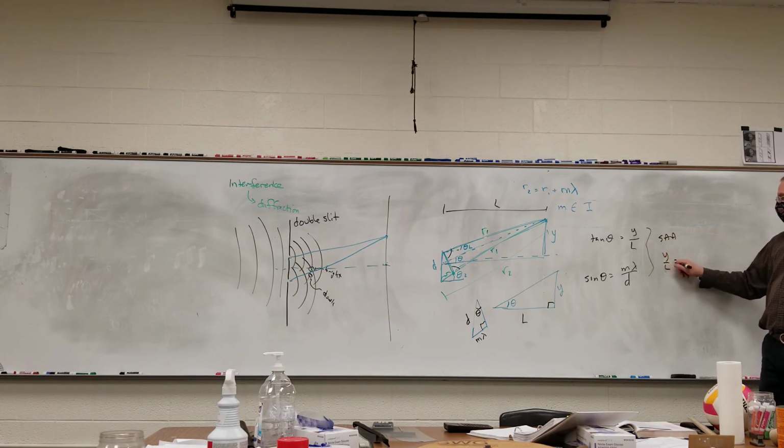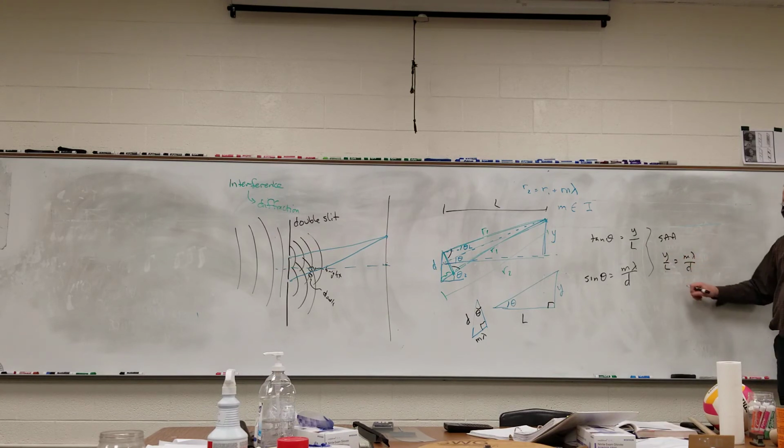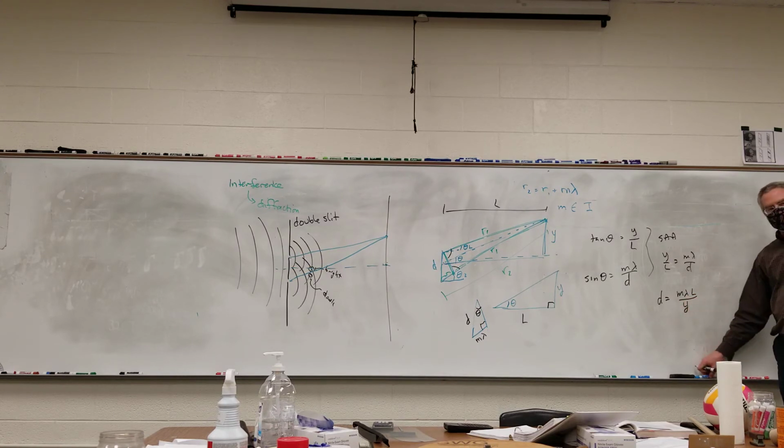Y over L is equal to m lambda over d. And so now it comes to what you want to solve for. If we're solving for d, that's going to be m lambda L over y. And so now we can predict the width of that hair.